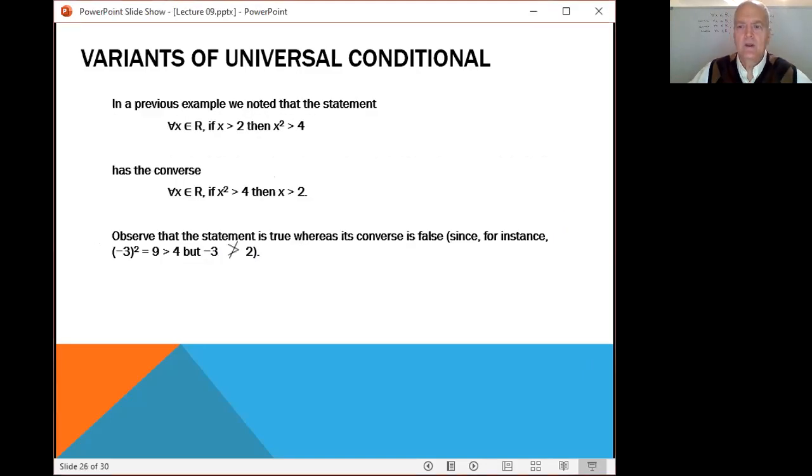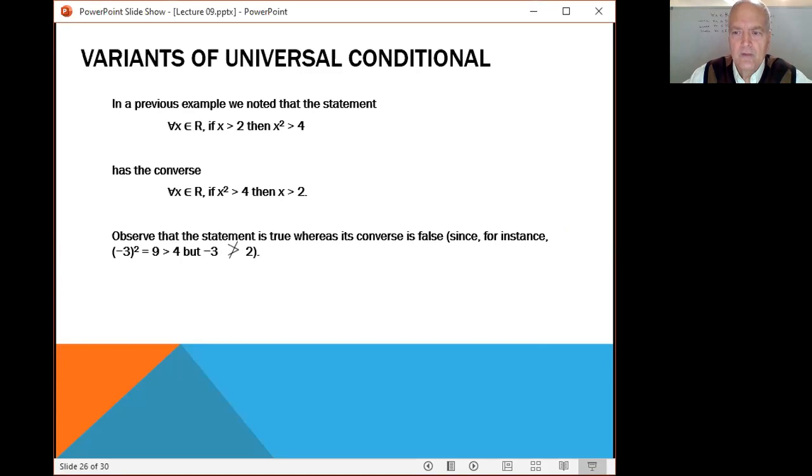Now, let's look at the converse statements. So we had our statement that we just considered. For all x, an element of the real numbers, if x is greater than 2, then x squared is greater than 4.